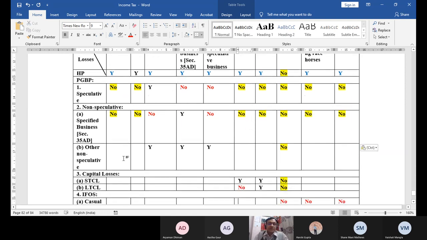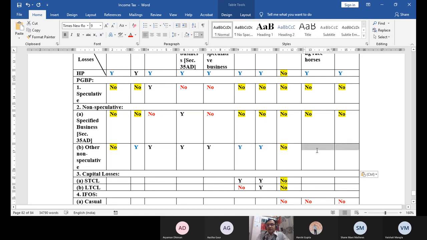Other non-speculative business losses. Now there was no restriction on other non-speculative business losses in intrahead. That is why in interhead also these are allowed against any income, any head except two. One is by default casual income, and another is salary. It is not allowed against salary, but it is allowed against all other incomes. It is allowed against house property. It's allowed against capital gains.